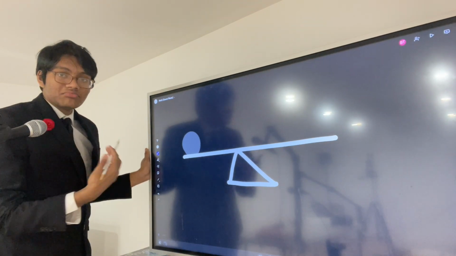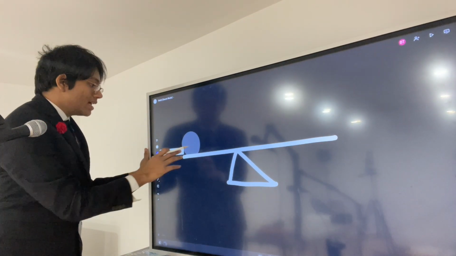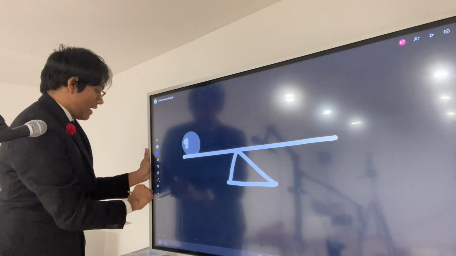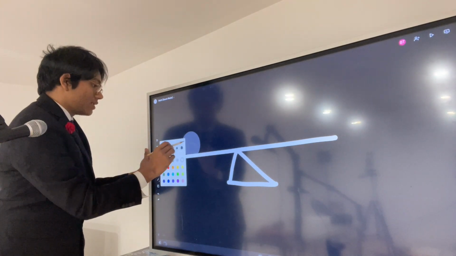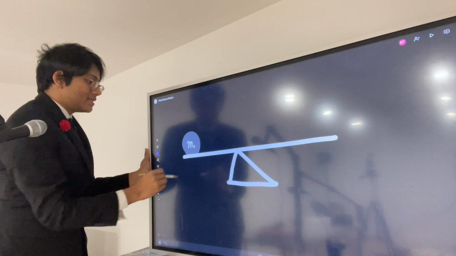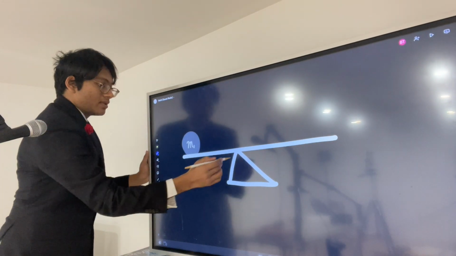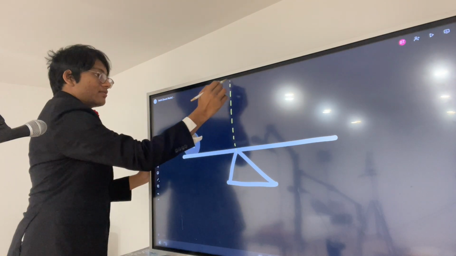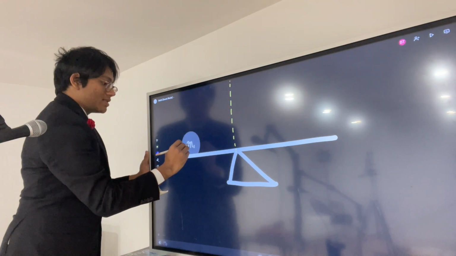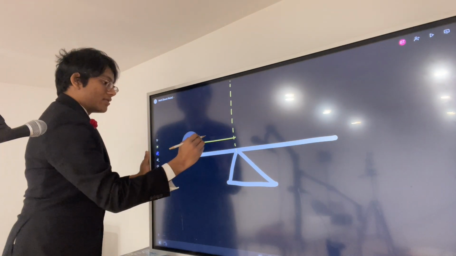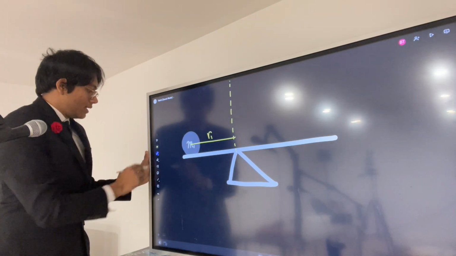I'm using a circle here just for show. Let's say this mass is m1, and it's some distance r from the center, r1.